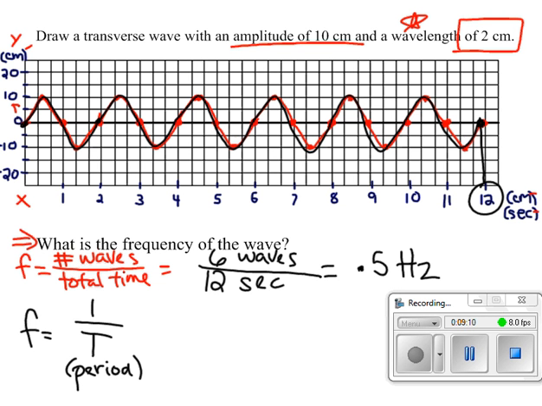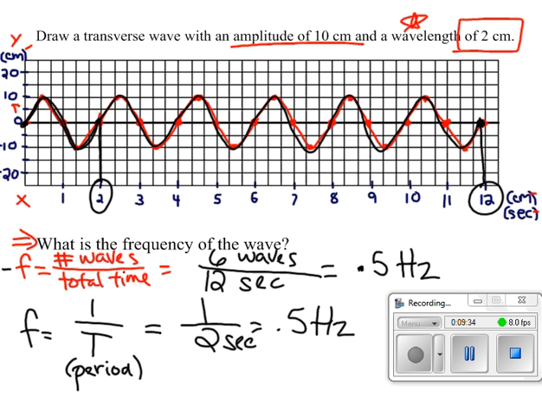So I'm going to start here, and I'm going to draw one wave. I'm going to go down, and I'm going to look at the time it took for that one wave. So it's 1 over 2 seconds. And again, I'm going to get the same answer. So however you do it is fine. Just make sure that whichever equation you use, you've got the correct information that you input.